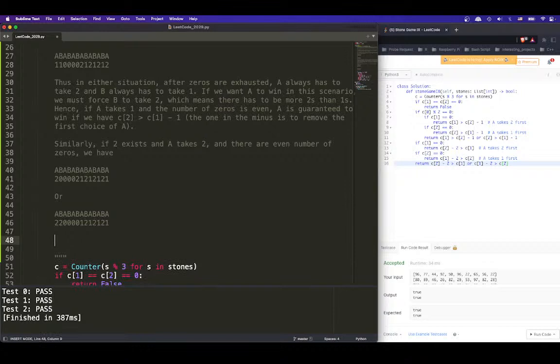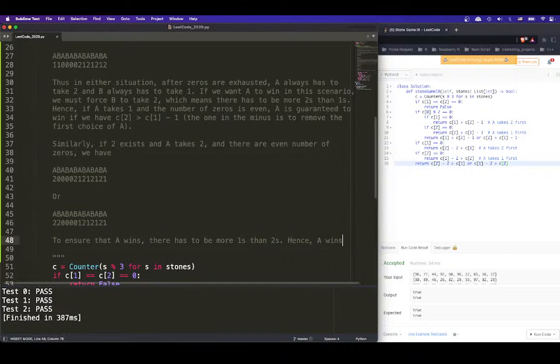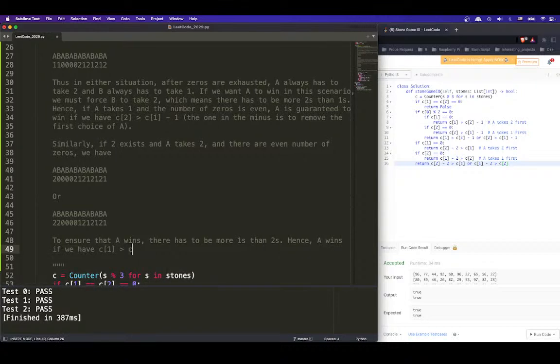To ensure that A wins, there has to be more ones than twos. Hence, A wins if we have C1 larger than C2, but we have to minus the first two.